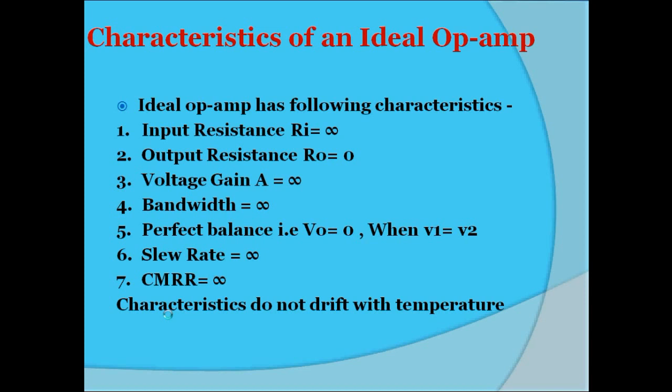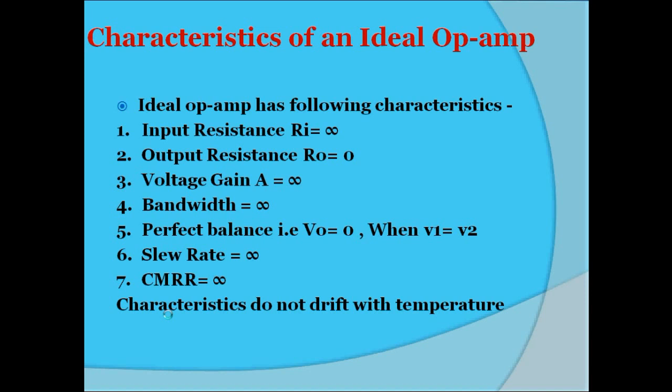Zero output resistance, R0 is equal to 0, so that the output can drive an infinite number of other devices. So whenever we connect the output of the op-amp to drive other circuitry, such a number of other devices can be driven because of the zero output resistance of the op-amp.